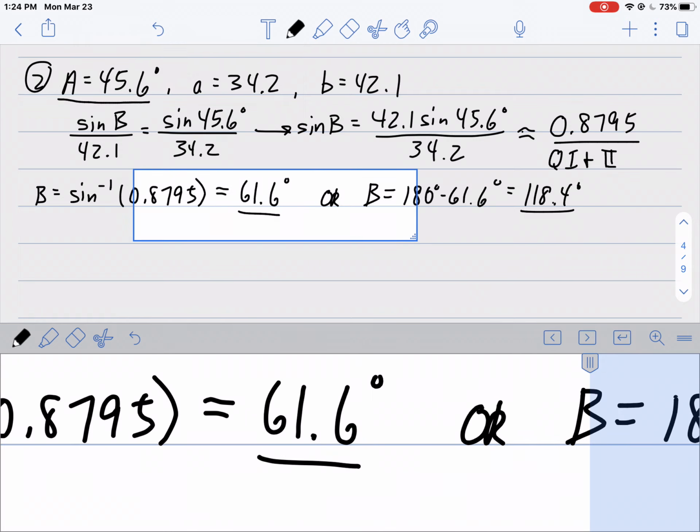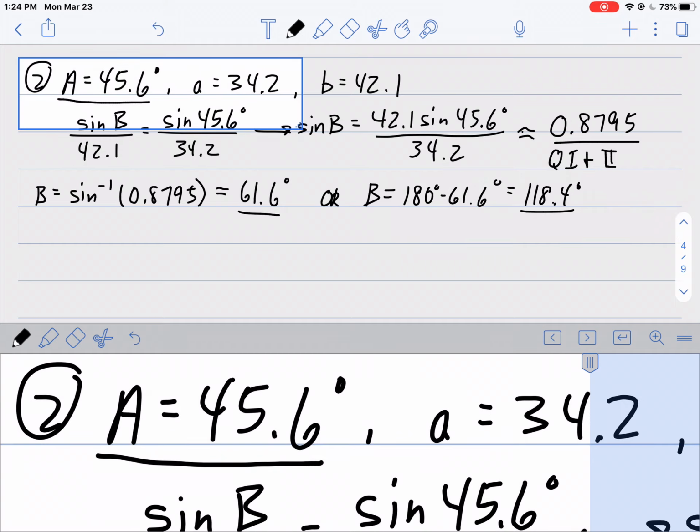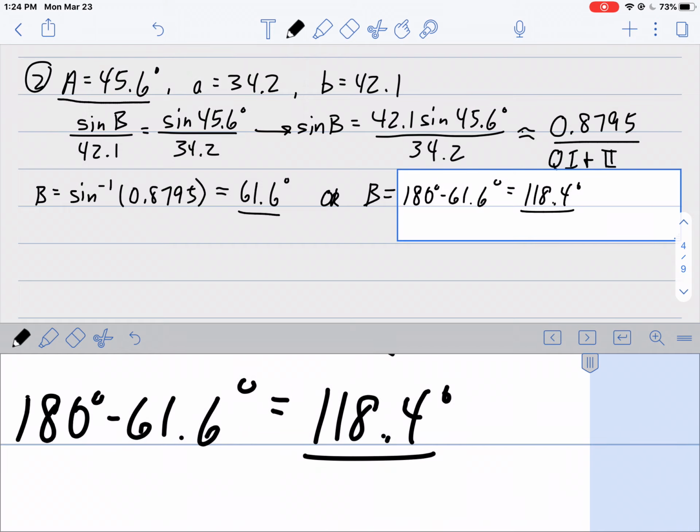This acute angle that you get, that's always going to be a possible angle. The question is going to be about this one. If B is 118.4 degrees, the question would be, do I have enough room in the triangle for that angle? Well, being that we have already 45.6, there's certainly plenty of room in the triangle for 118.4 degrees and still have room left over for a third angle before I get to 180 degrees.